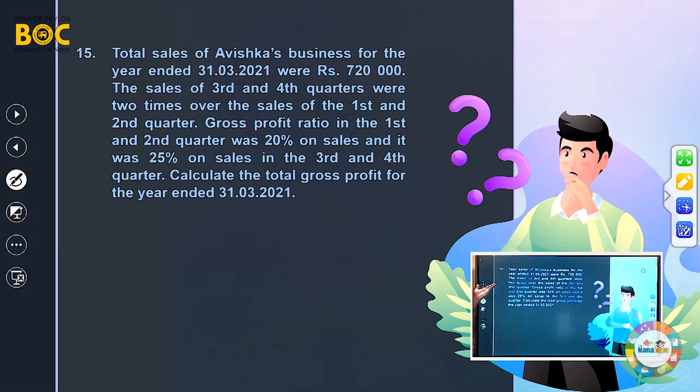The total sales of this company business is 720,000 rupees. The sales of third and fourth quarters were 2 times over the sales of the first and second quarters.